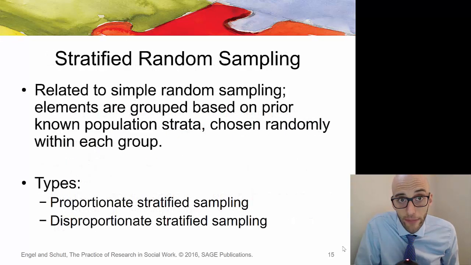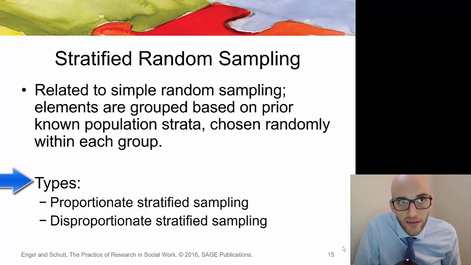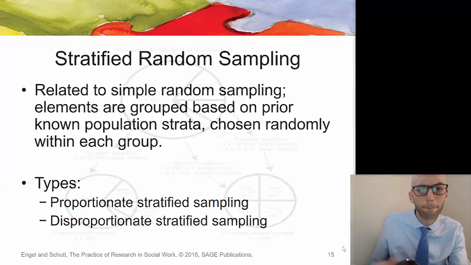So with stratified random sampling, it's similar to simple random sampling. However, elements are grouped based on known population strata chosen randomly within the group. You could break it down to proportionate stratified sampling or disproportionate stratified sampling. So we could say if there was a population where we wanted our sample to meet that population, then we would have similar percentages, versus if we wanted to have equal percentages of each group, we might have over-representativeness of certain individuals.